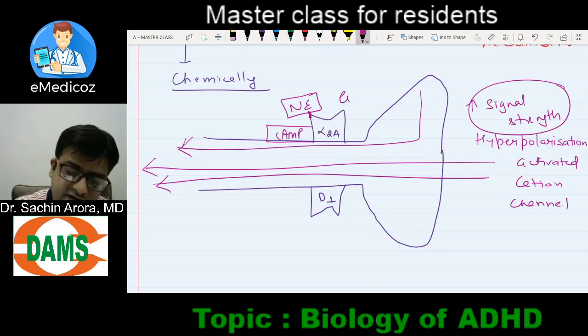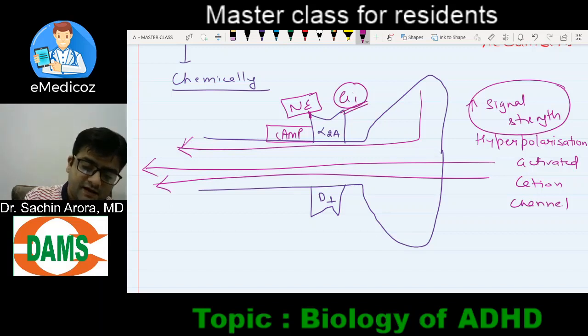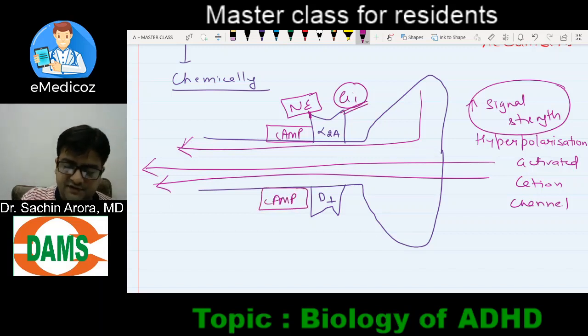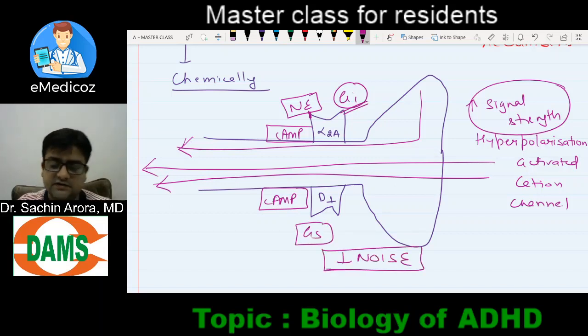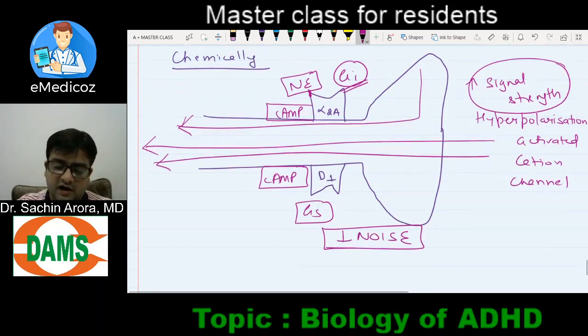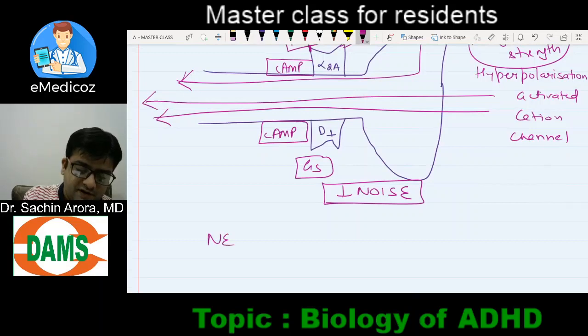This is a G inhibitory protein, and dopamine binds to D1 receptor via G stimulatory protein, and it decreases the noise. This is the chemical explanation of how norepinephrine increases the signal and dopamine decreases the noise.